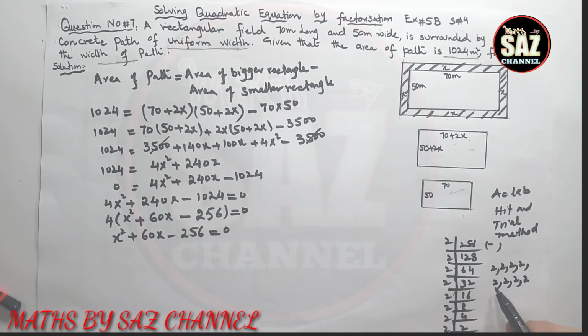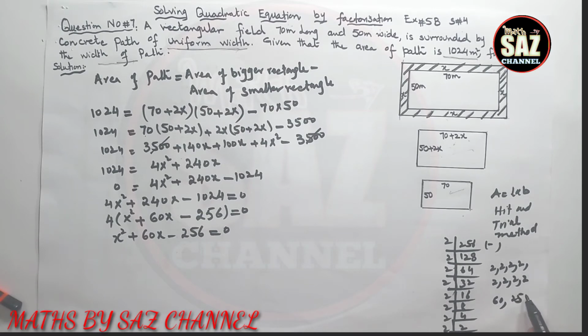From all these factors, I just have to make two numbers that when I add them, I get 60 at the middle place, and after multiplication I get 256 with a minus sign. So what will be the suitable choice? 2 to the 4, to the 8, to the 16, to the 32, to the 64: 64 and 4.